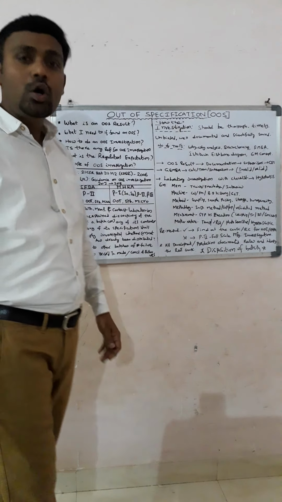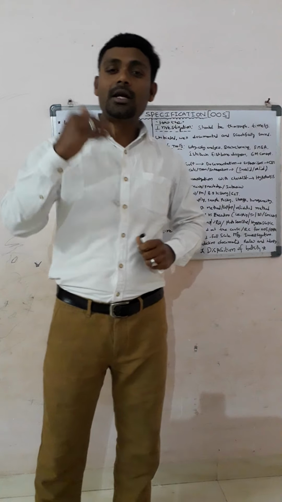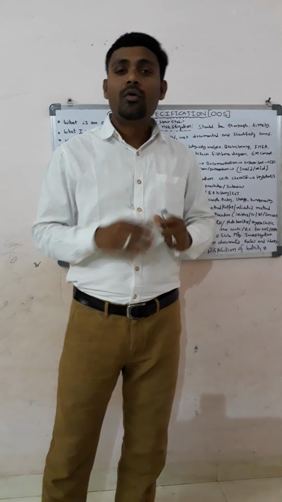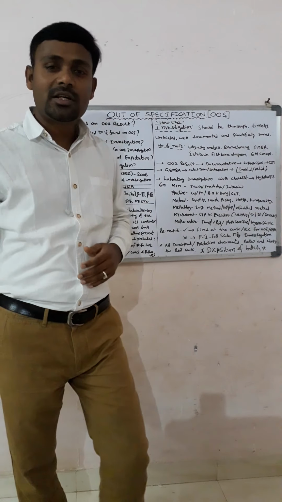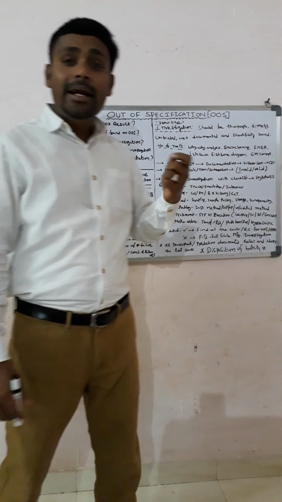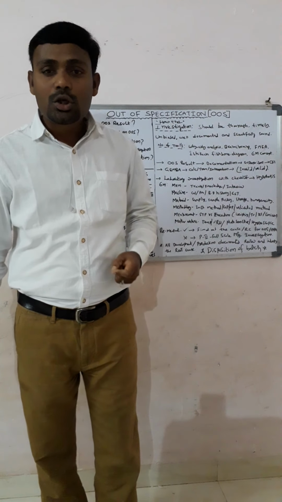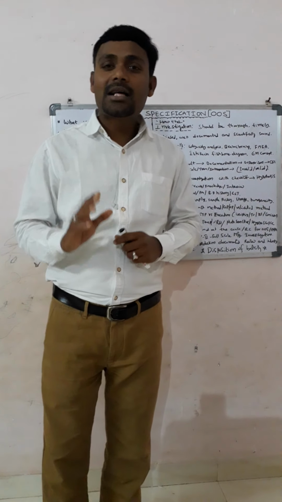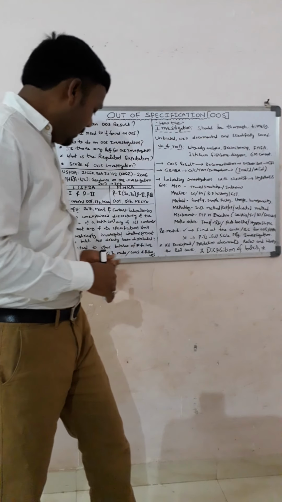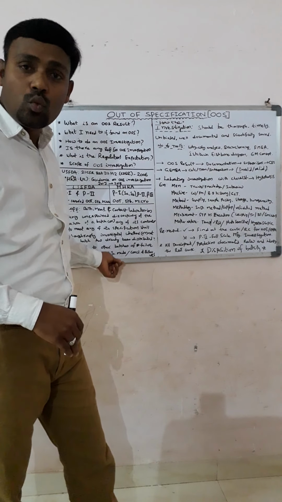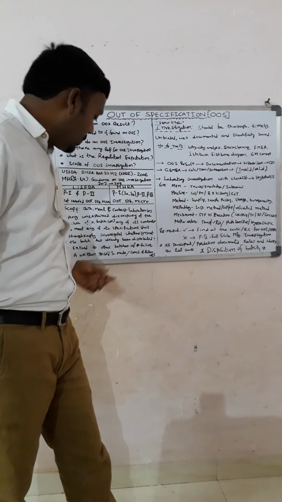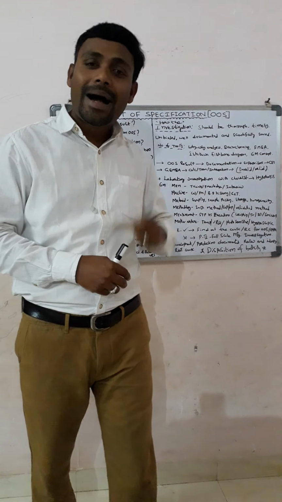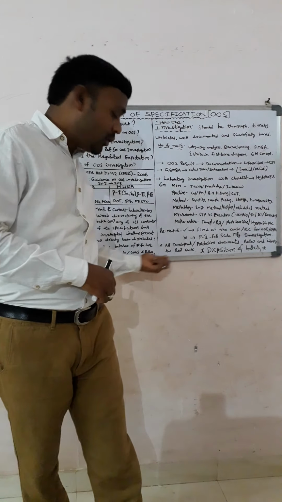The second point is you have to extend your investigation to other batches of the same product or other products which may be associated with the same failure or discrepancy. The third point is you have to prepare a written record of the investigation, and it should include the conclusions as well as follow-up actions. You have to document thoroughly what you have done in the investigation, including the conclusion part: what is the fate of the batch, how you dispose of the batch after the investigation, and follow-up actions.